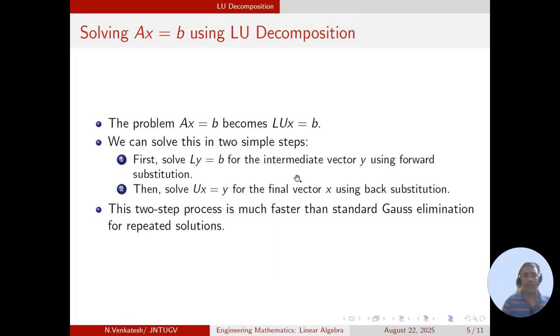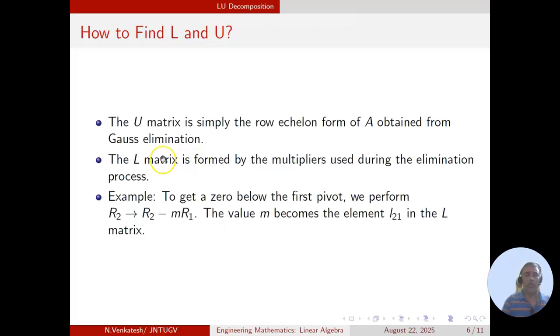Now, how are we going to find this LU? As we said, U is simply that upper triangular matrix that you got after the Gaussian elimination. The lower triangular matrix is made of the multipliers used in the elimination process.